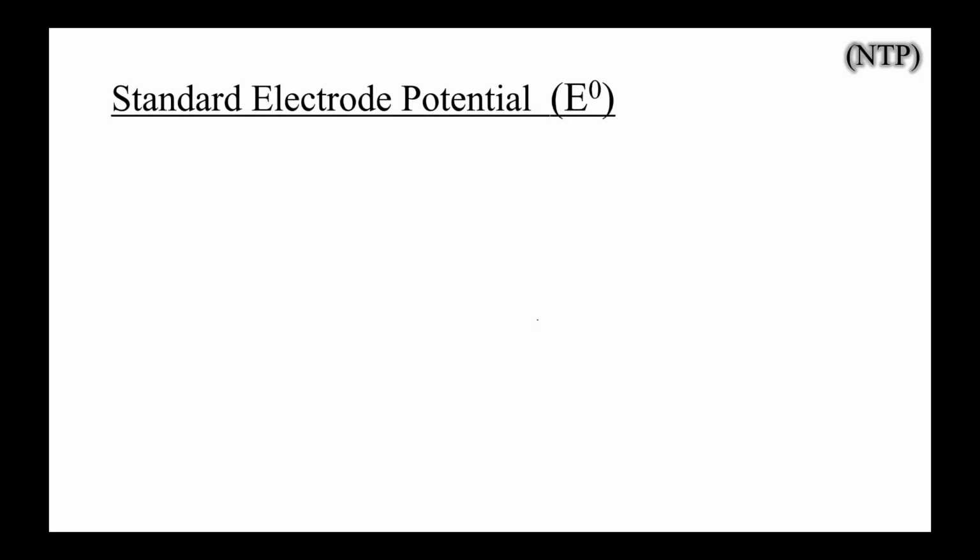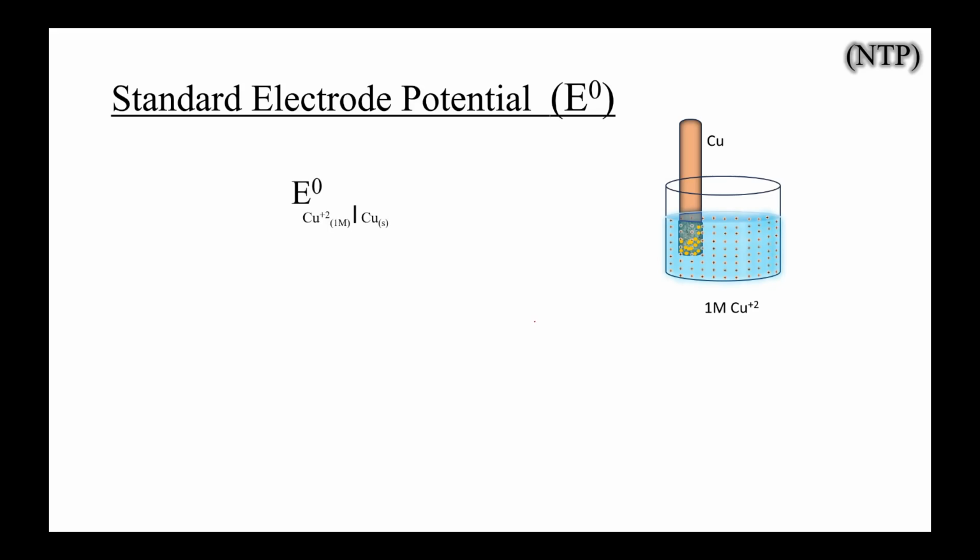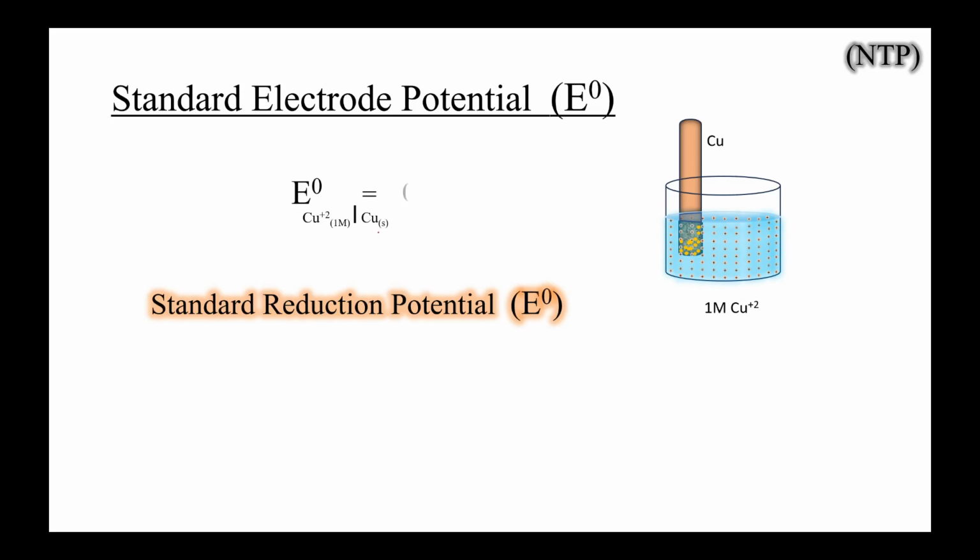In conclusion, if we look at the standard electrode potential E naught for copper, represented as Cu plus 2 converting into Cu, it means that the cation is converting into atom. So this shows standard reduction potential. So the standard reduction potential of copper is 0.34 volt.